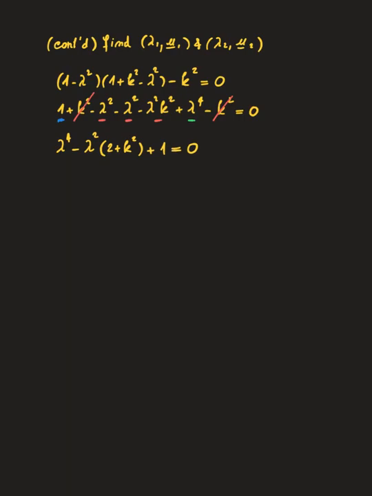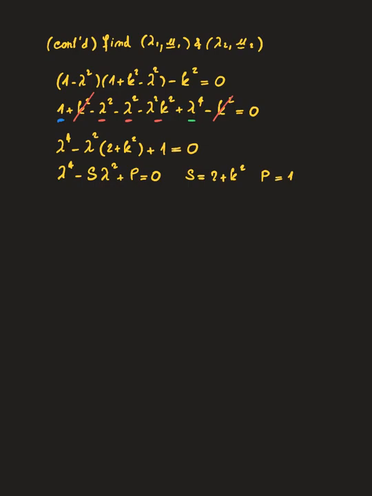Now, of course, you can solve this equation, which is a quartic equation. Since the two roots have to be positive, you will find two positive solutions. However, it is more convenient, to tell you the truth, to rewrite this equation as follows: lambda to the fourth minus the sum of the two roots plus the product of the two roots, where clearly the sum is equal to 2 plus k squared, and the product is equal to 1.